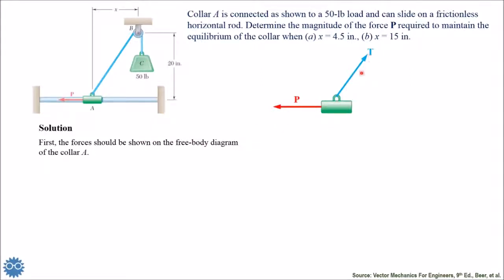So we have the tension here. Now we get components. We have the horizontal component Tx and the vertical component Ty of the tension, and we have the ratio of the distances of 20 to x, or x to 20. This is the ratio.